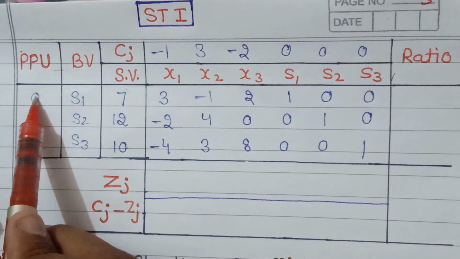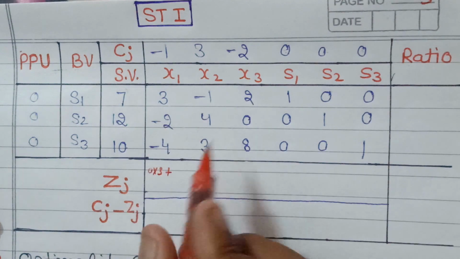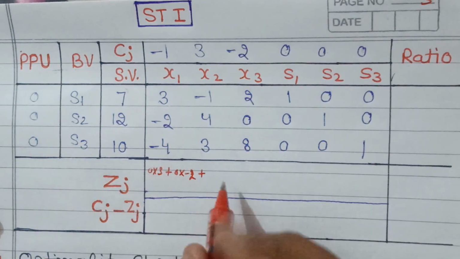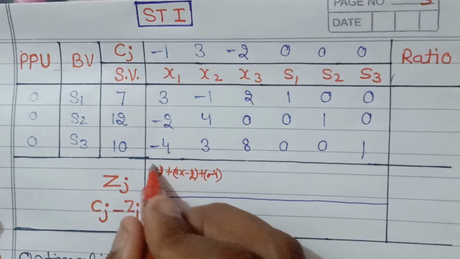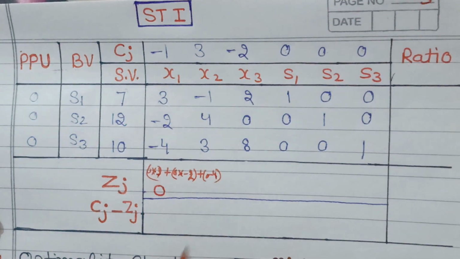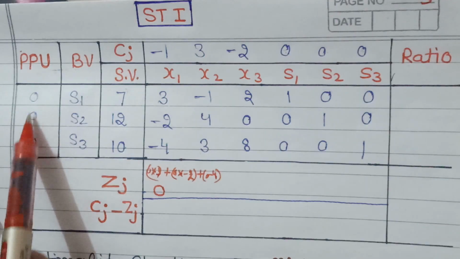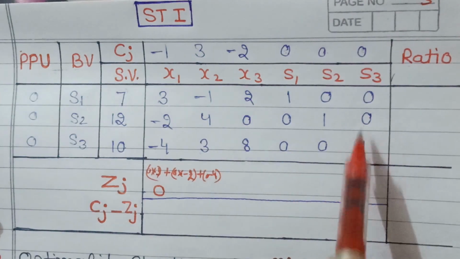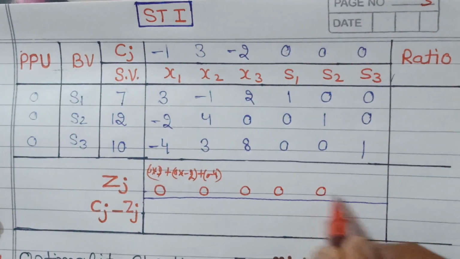For example, 0 into 3 plus 0 into -2 plus 0 into -4. All these values will come out to be 0, 0 and 0, so the value of Zj here is 0. In a similar manner we can find the values for all these columns, but as all these are zeros, all values will come out to be 0, 0 and 0.